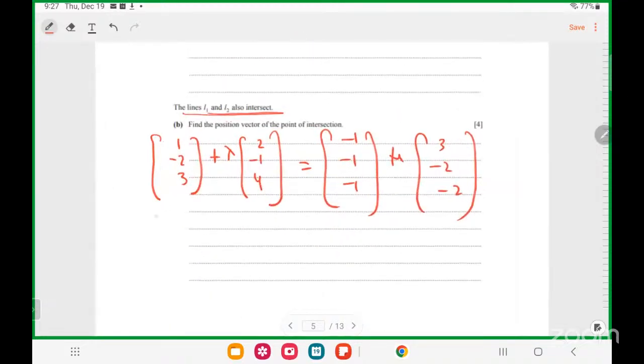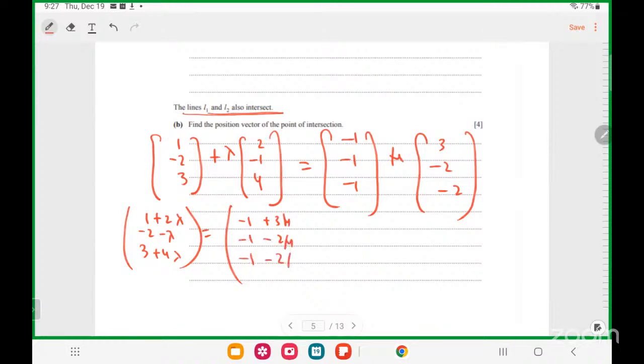So 1 plus 2 lambda, minus 2 minus lambda, 3 plus 4 lambda is equal to minus 1 plus 3 mu, minus 1 minus 2 mu, minus 1 minus 2 mu. If I solve this, 2 lambda is minus 2 plus 3 mu, so lambda is minus 2 plus 3 mu upon 2.